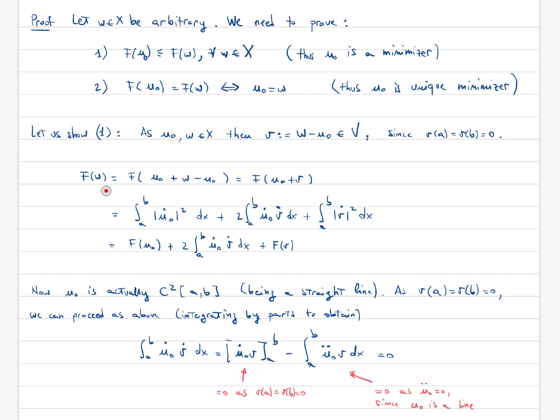Okay, now we just compute the energy of w.